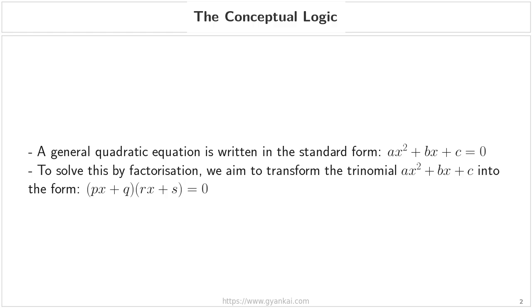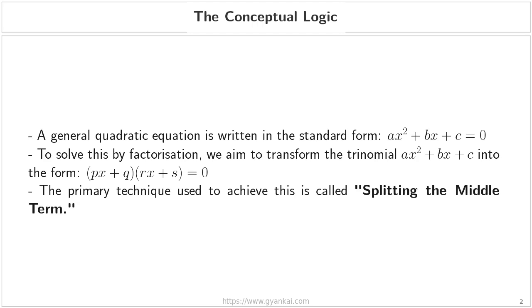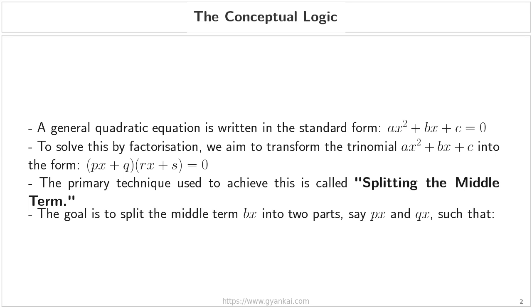Our ultimate goal here is to take this three-term expression, known as a trinomial, and transform it into a different form, a product of two simpler linear brackets, specifically (px plus q), all multiplied by (rx plus s), which equals 0. To bridge the gap between the standard form and this factored form, we use a specific technique called splitting the middle term.